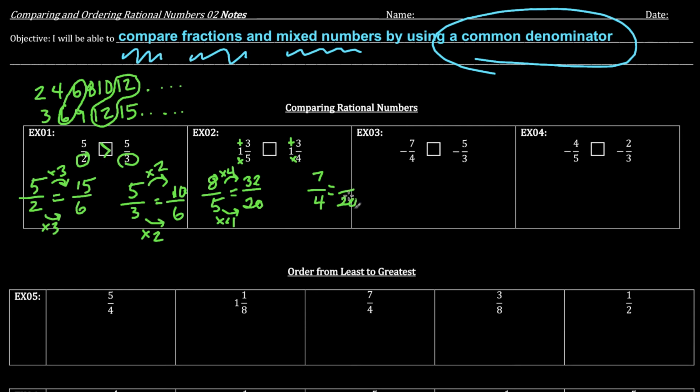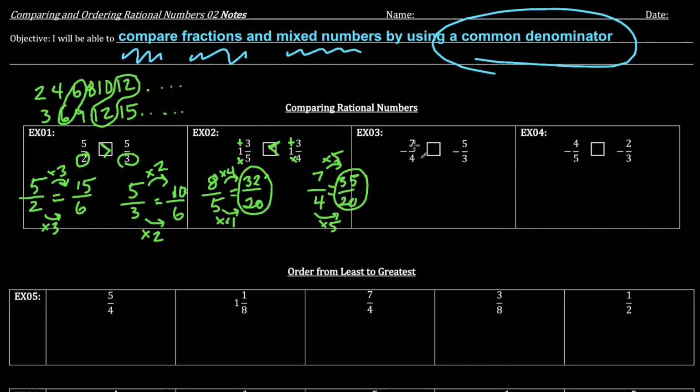Let's change this to 20ths. 4 times 5 is 20. 7 times 5 is 35. So we're looking at 32 20ths and 35 20ths. 35 20ths is larger.